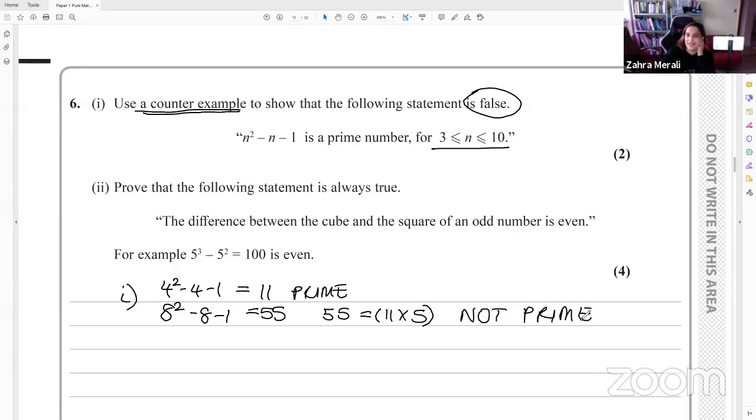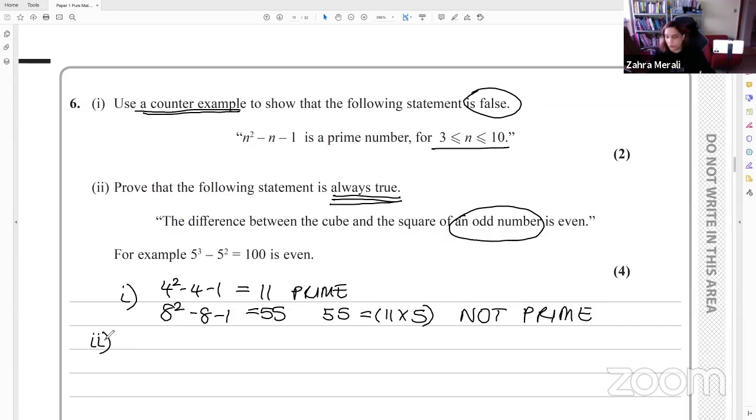prove the following statement is always true. The key here is we're saying it's always true. So the difference between the cube and the square, so we're looking at an odd number, is even. So if it's always true, we can't be using numbers. We have to use some algebra there. So what we're going to be using is some letters, sorry.